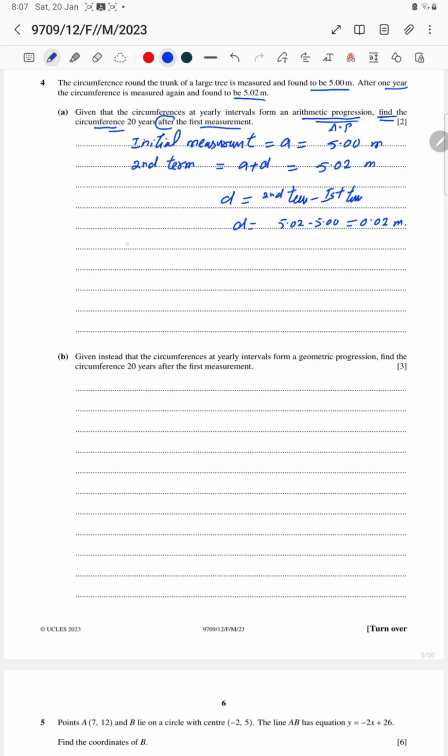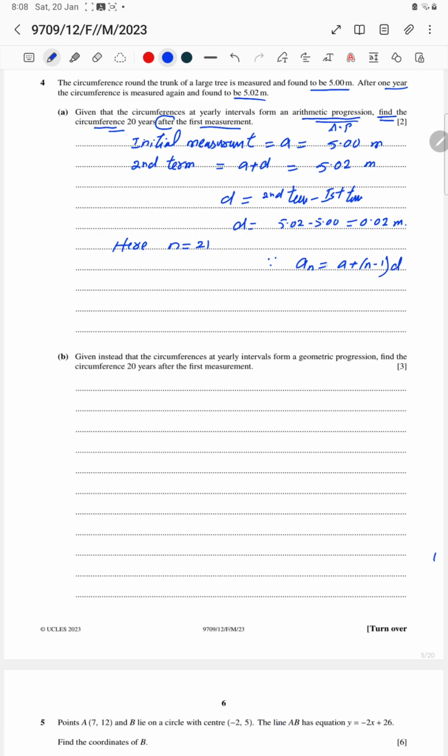So here, instead of taking n as 20, because the word after means you have entered the 21st year, n will be taken as 21. From the formula sheet, which the examiner will provide you during the exam, it has been mentioned clearly the nth term of AP is a plus n minus 1 into d.